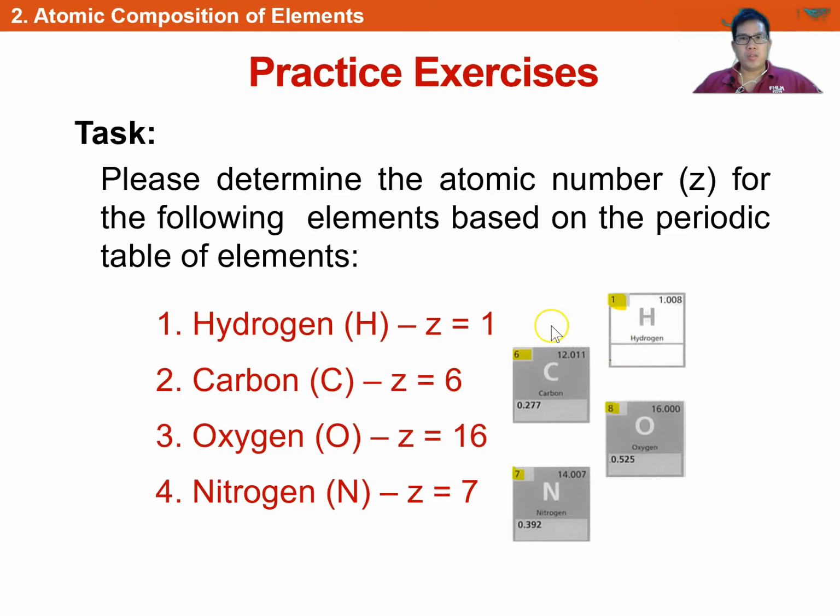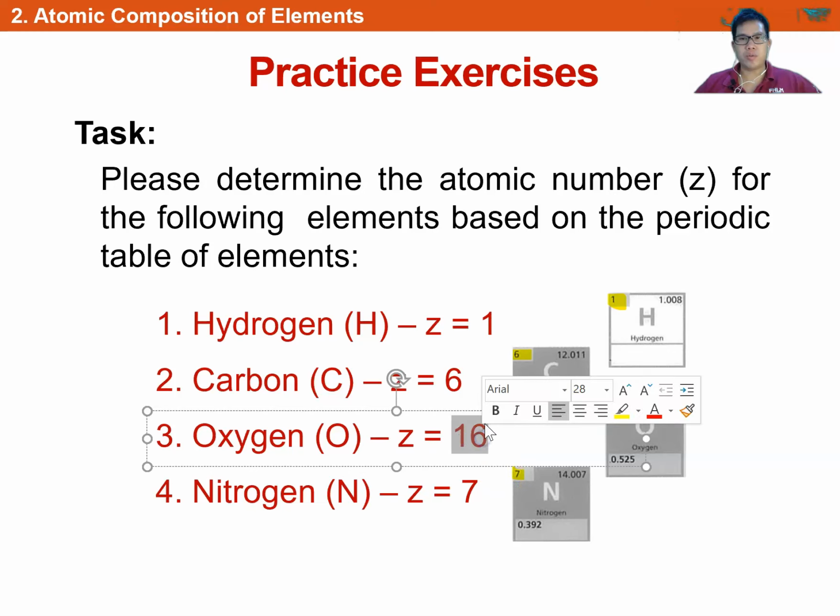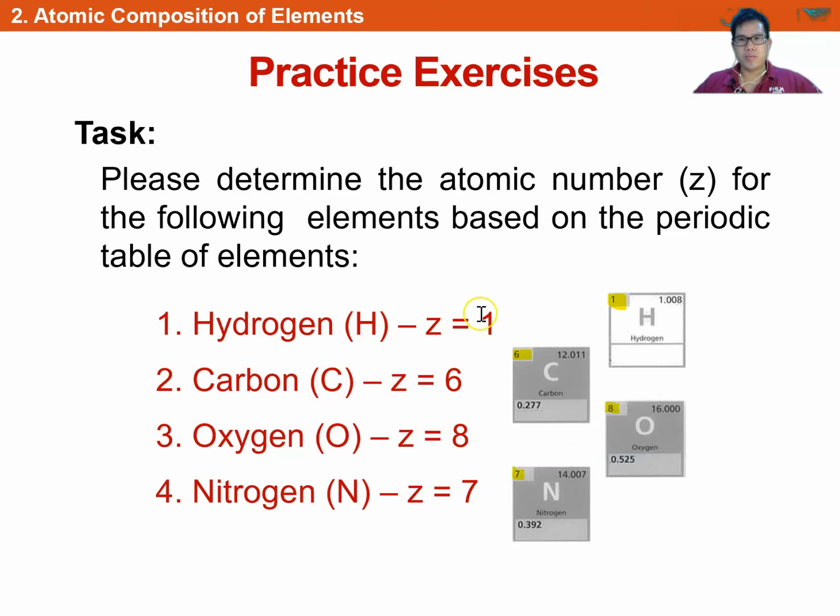Alright, so this is the answer. Hydrogen is 1, carbon is 6, oxygen is 8, and nitrogen is 7. Sorry, over here it should be 8. So it's 1, 6, 8, and 7.